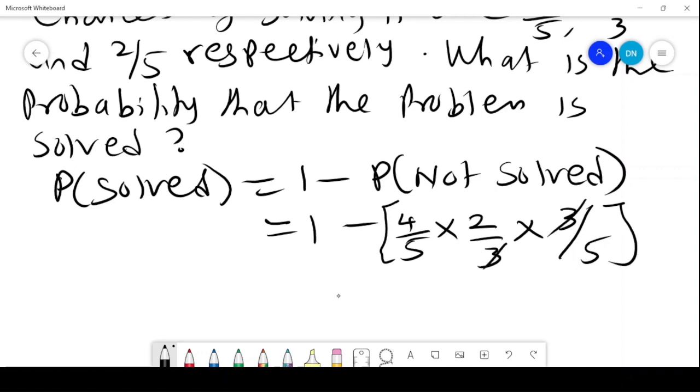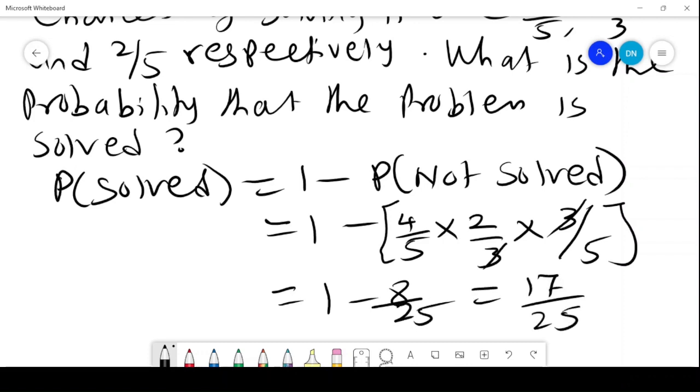And therefore when we cancel, it will be 1 minus 8 over 25, which is equals to 17 over 25. So there is a 17 over 25 chance, or if you wish, we can write it, there is a 68% chance that they will solve the problem.